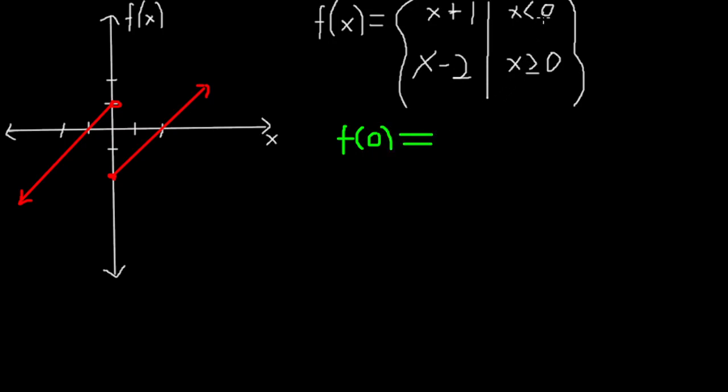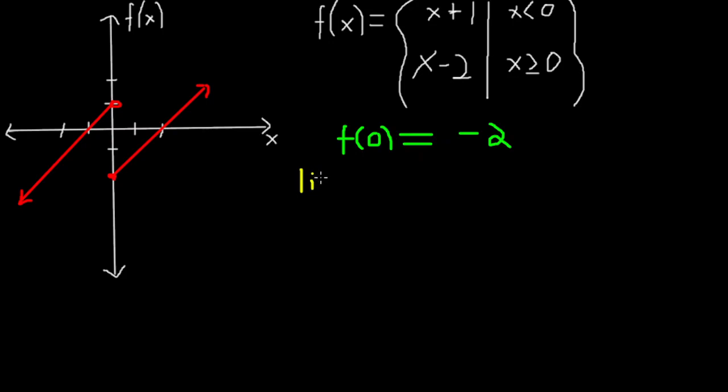Well, all you have to do is find this right side of the piecewise and figure out which piece is dealing with 0, and that's going to be this piece, because this is when x is greater than or equal to 0. So we're going to use this part, and then we're going to plug in 0 for x. So that's negative 2. Okay, that's fine.